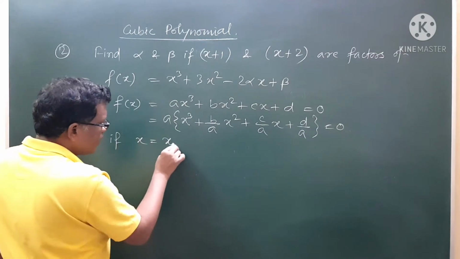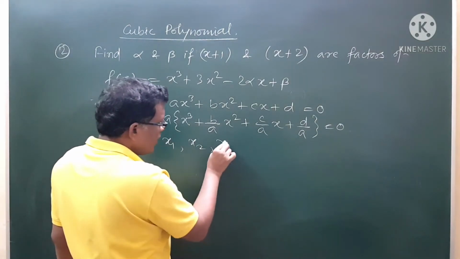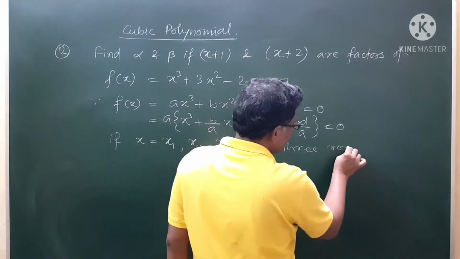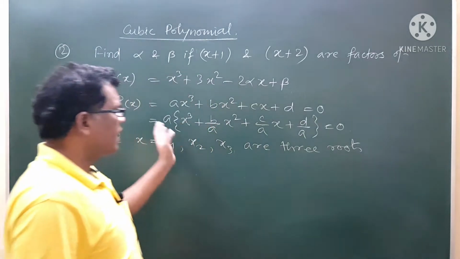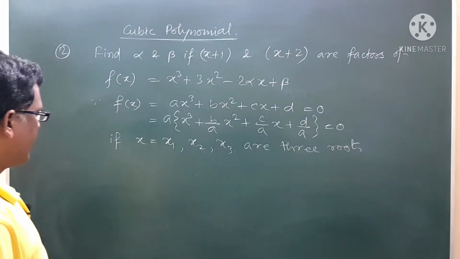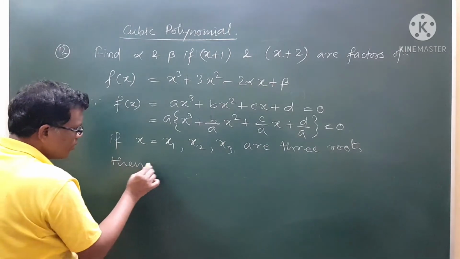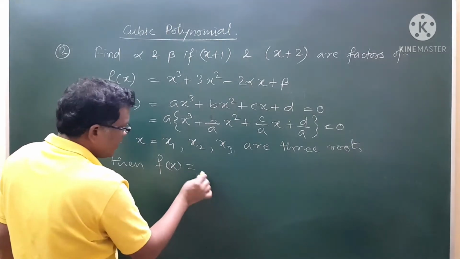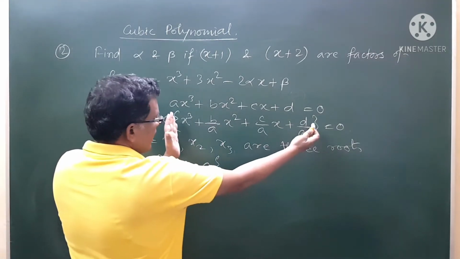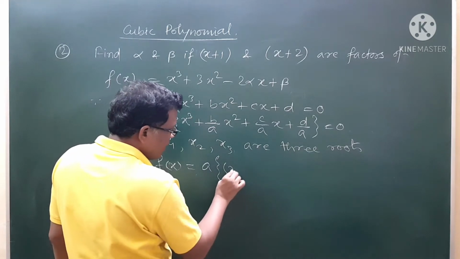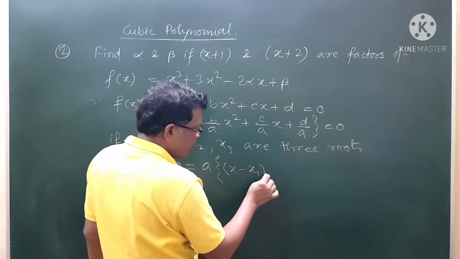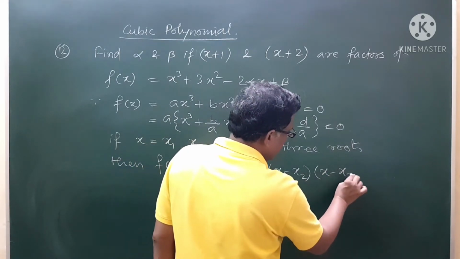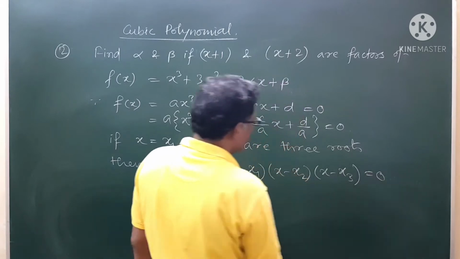x equal to x1, x2, x3 are the 3 roots, that is, if there are 3 such values of x that can satisfy this equation, then we can write f(x) is equal to a into x minus x1 into x minus x2 into x minus x3, by the factor theorem, that whole is equal to 0.